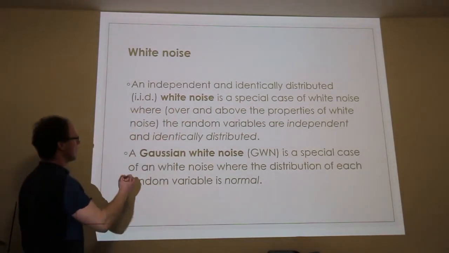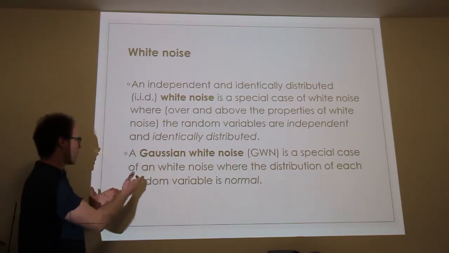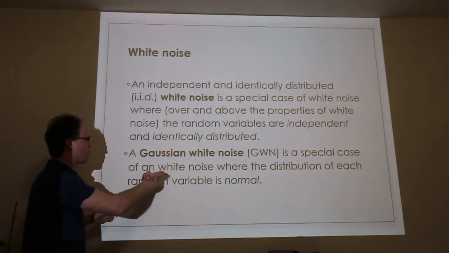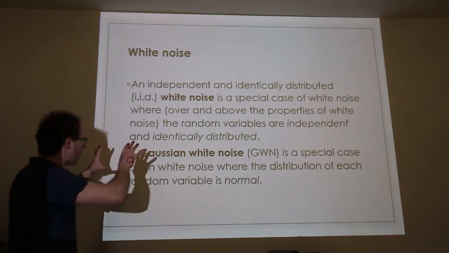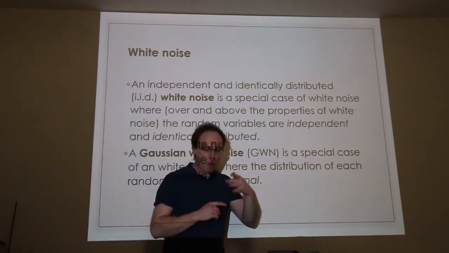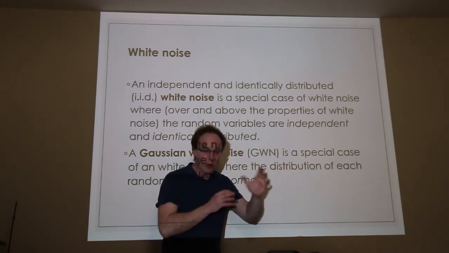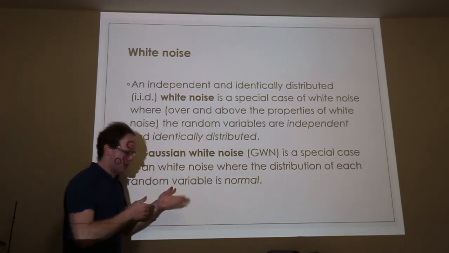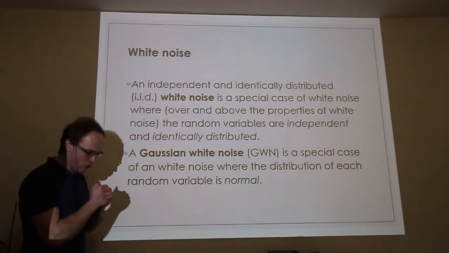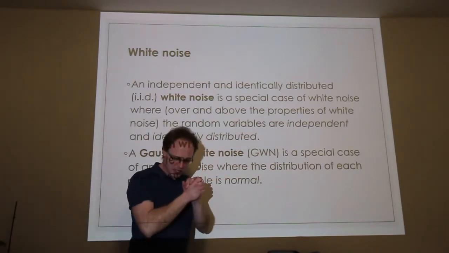Yes, a Gaussian white noise is a special case of a white noise where the distribution of each random variable is normal. About this Gaussian white noise we will speak more, because we will create a lot of models, yes, in our seminar and in other seminars at the Prague University of Economics and Business, where we analyze time series.